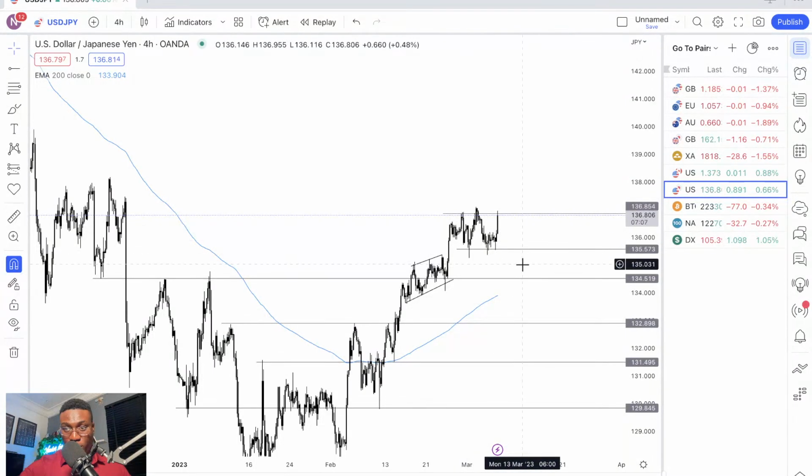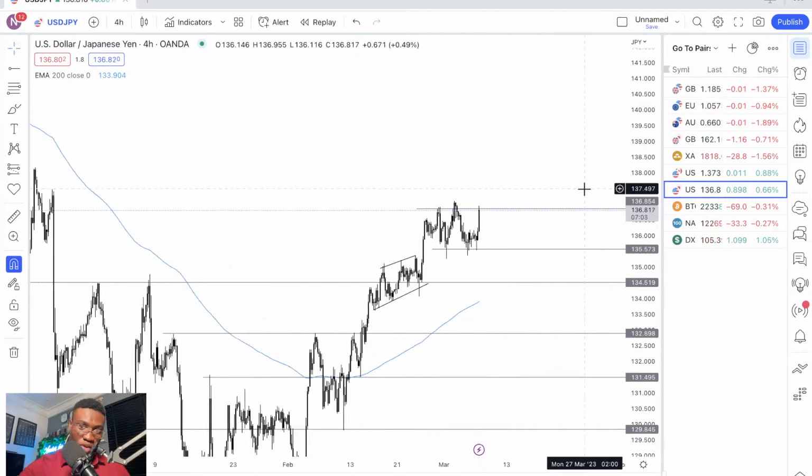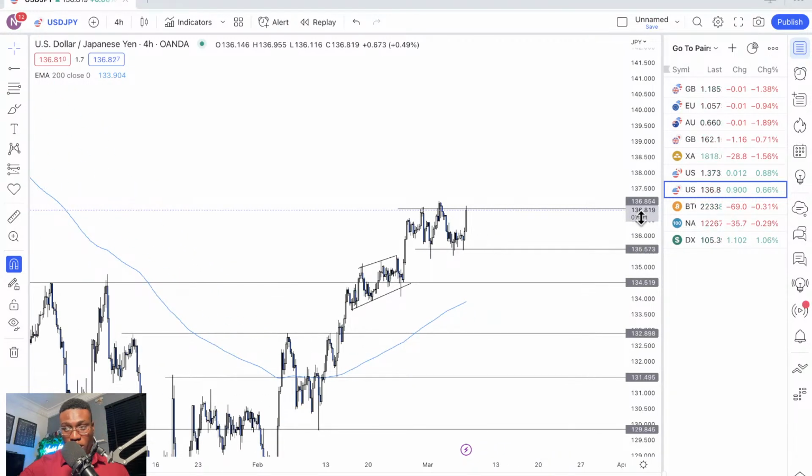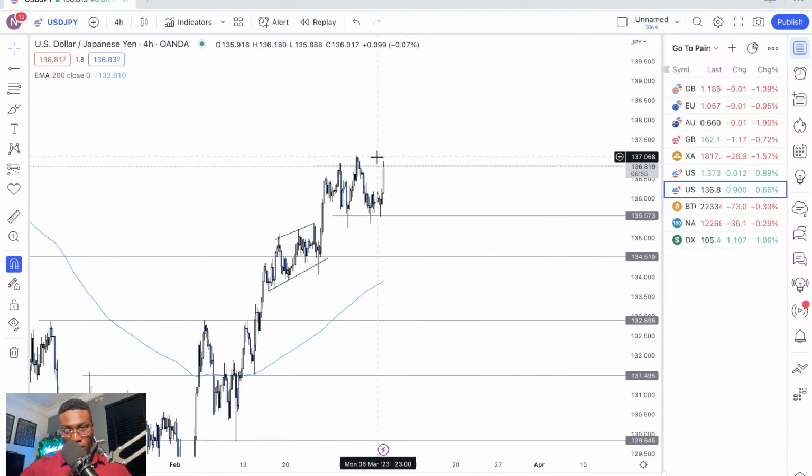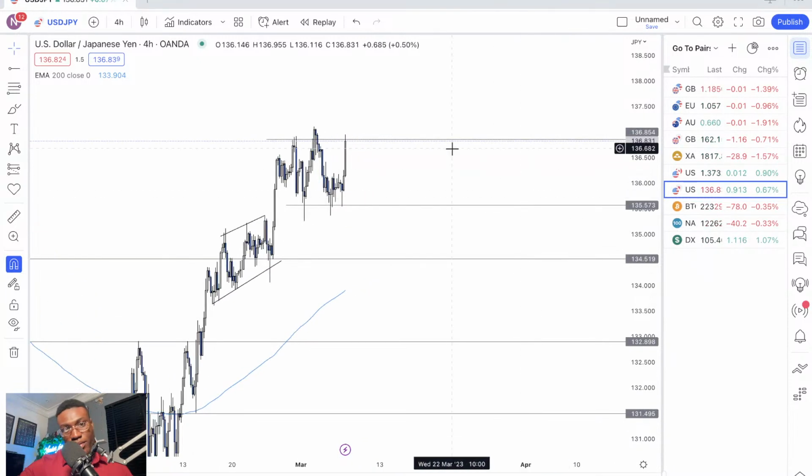If it breaks above without respecting it, then you just know that there's been an economic event or something that's brought about high volatility to the market, that it breaks above it wildly like that. So the USD/JPY market on the 4-hour time frame, we're seeing that it's currently sitting at a significant level. I think that's 136.8. Let me just indicate that for you as well.